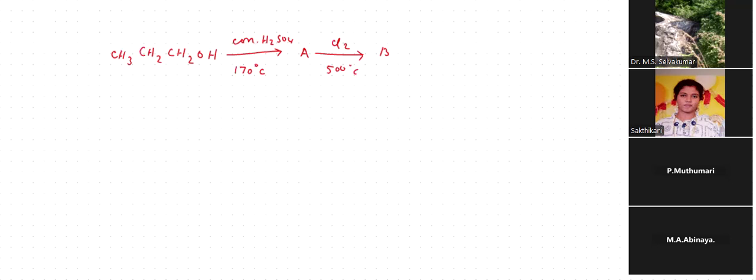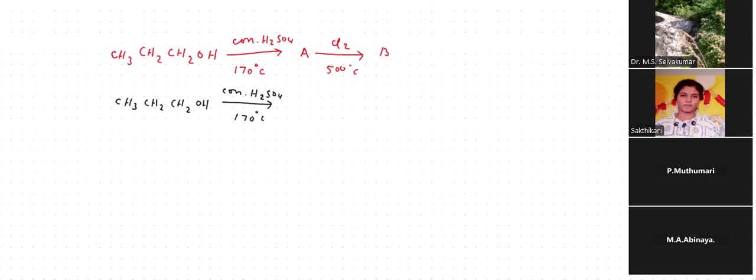Instead of looking at the options, we can directly solve this problem. See, CH3, CH2, CH2, OH in the presence of concentrated sulfuric acid. Sulfuric acid is a very powerful dehydrating agent. It will pull out a water molecule.